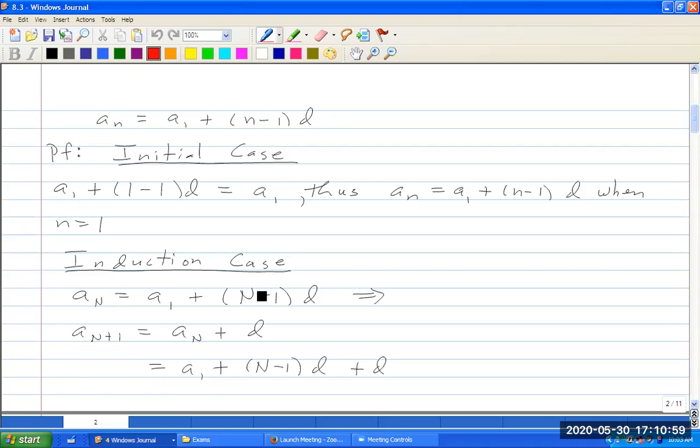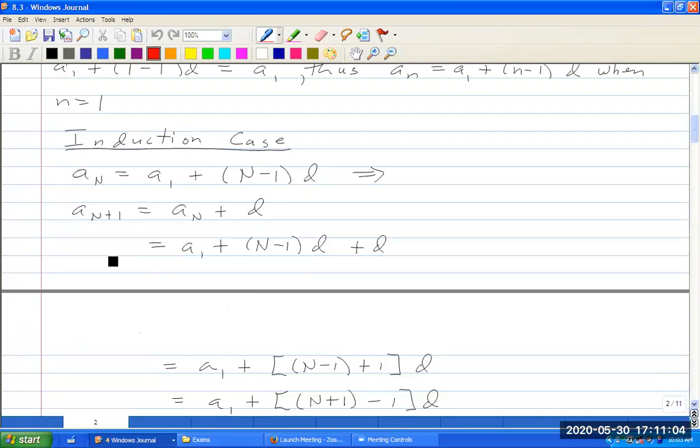And so let's look at a sub n plus 1. Well, by the definition of an arithmetic sequence, this is equal to a sub n plus d. But by the induction hypothesis, a sub n is equal to a sub 1 plus n minus 1 times d.